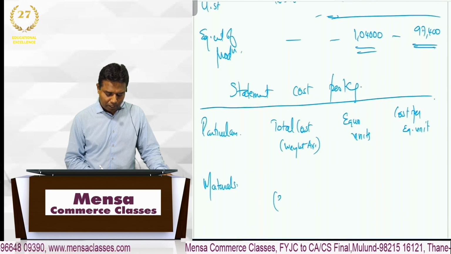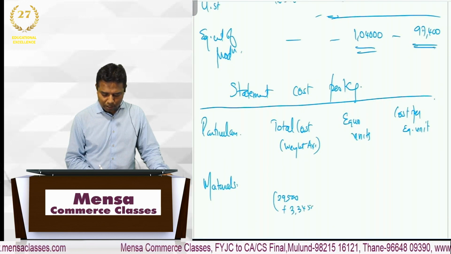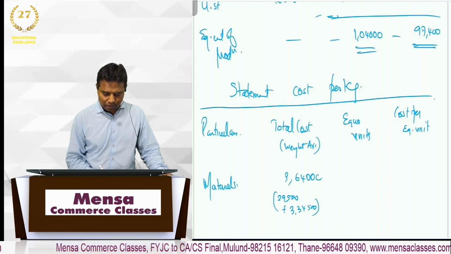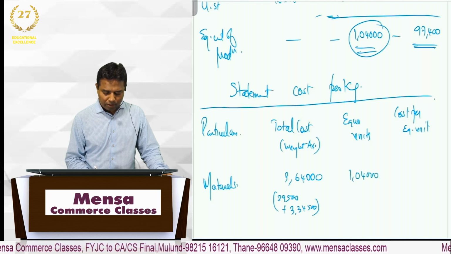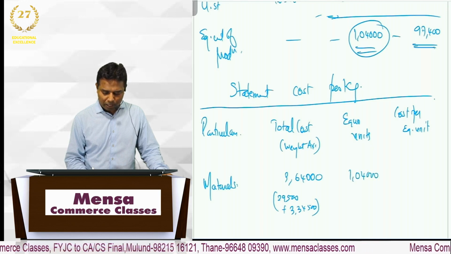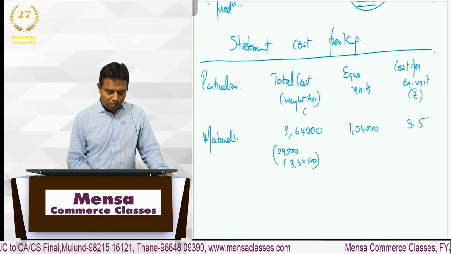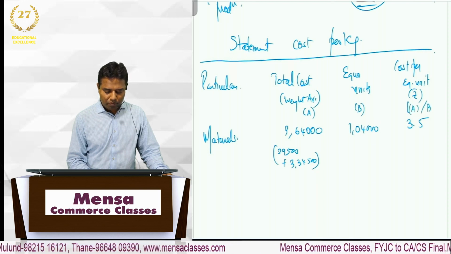So that will be 29,500 plus 3,34,500, that is 3,64,000, and equivalent units is 1,04,000. So divide. 3,64,000 divided by 1,04,000 is 3.5 rupees. Suppose we call it as A, B. This is A divided by B.